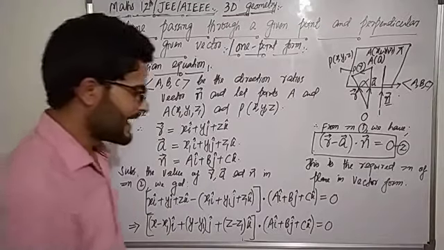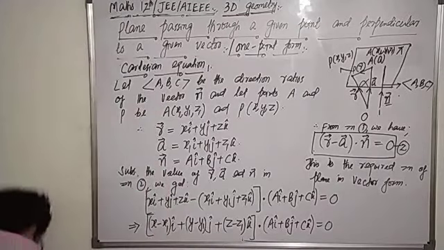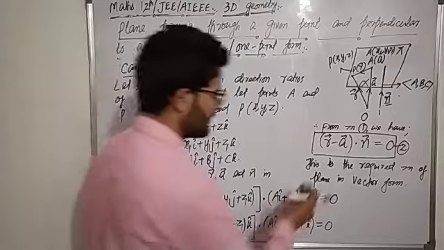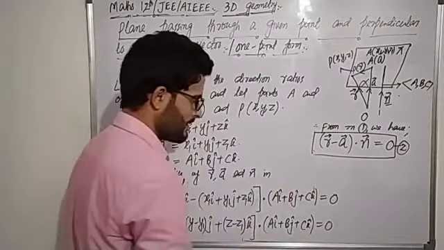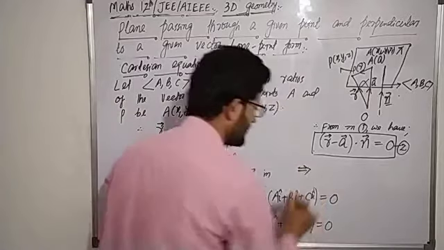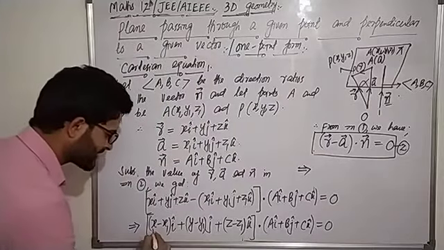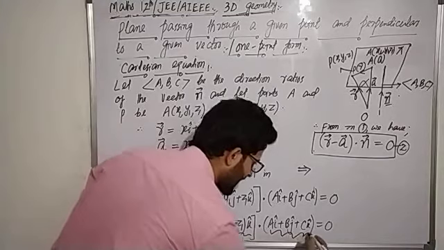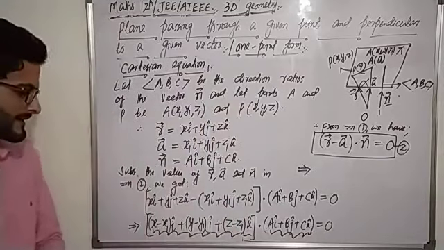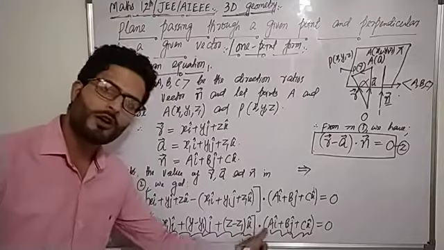This can be further written as, now you have a vector which is expressed in terms of components and another vector again expressed in terms of components, and you need to find their dot product.